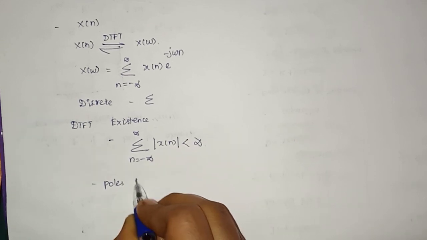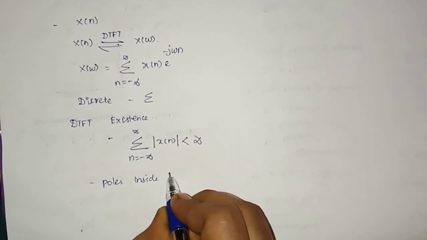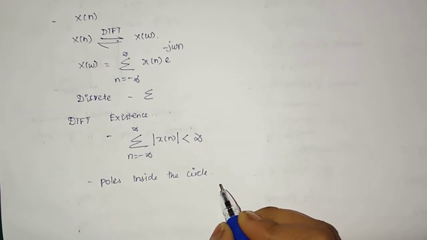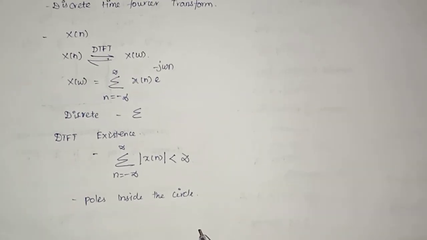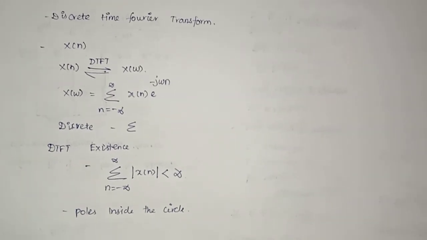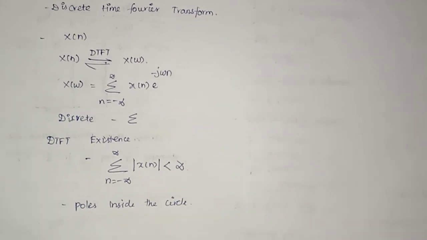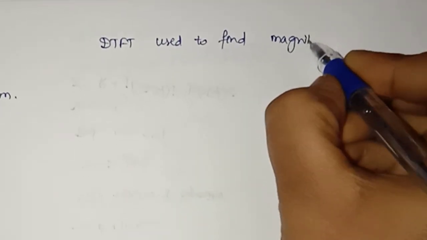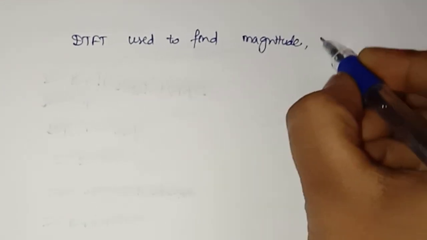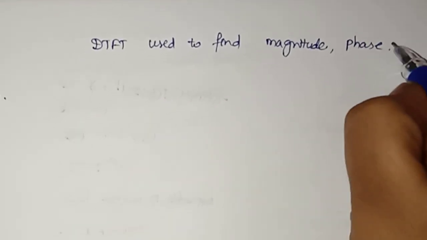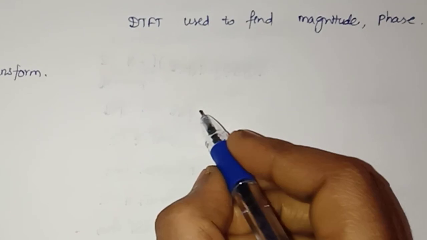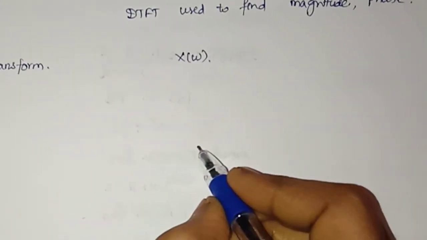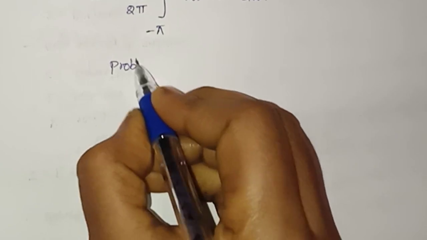Next, DTFT can be used to analyze a system whose transfer function has poles inside the circle. Finally, it is not applicable for exponentially growing sequences because they are not summable. DTFT can be used to find magnitude and phase. In simple, we have to find x of omega.